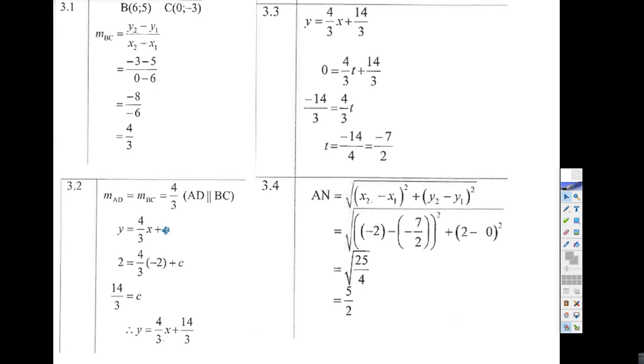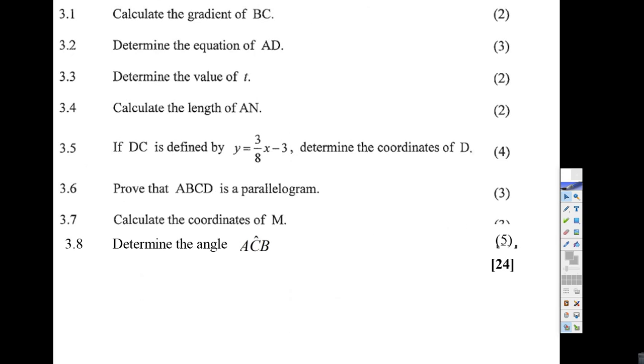Say we don't know the y-intercept. Well, all you do is x is minus 2, that's the point D, I think, and y is 2. You multiply it out, you get minus 8 over 3, and you add it to 2, and you get that c must be 14 over 3. And there you go. There we've got the equation of the line AD, or the line that passes through AD anyways.